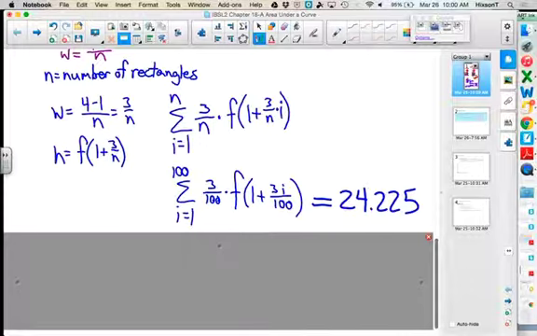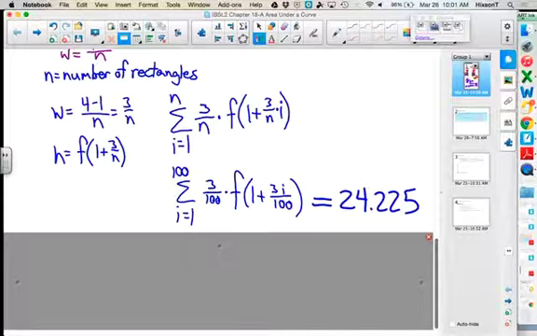Alright. So what do you guys think would be a good idea to do, thinking about our calculus, in order to get the most accurate approximation possible? We want more and more and more rectangles, right?